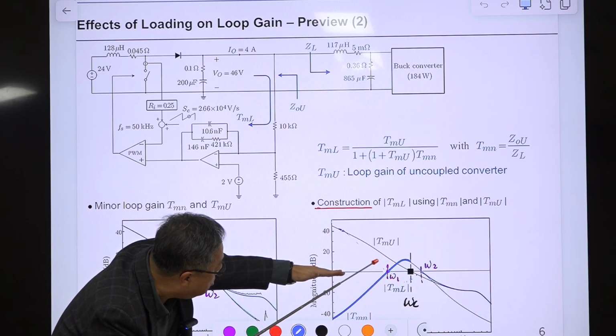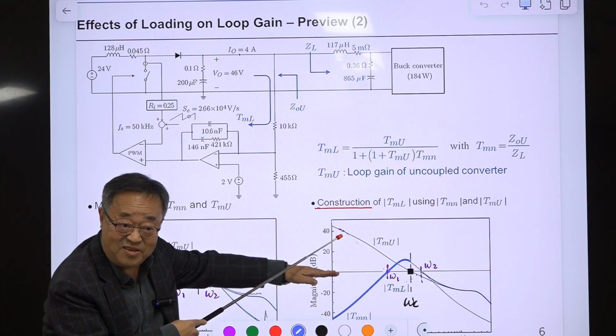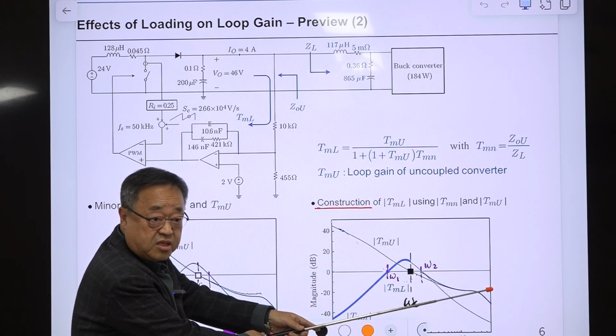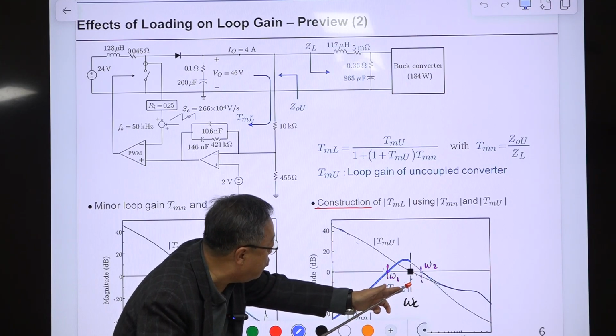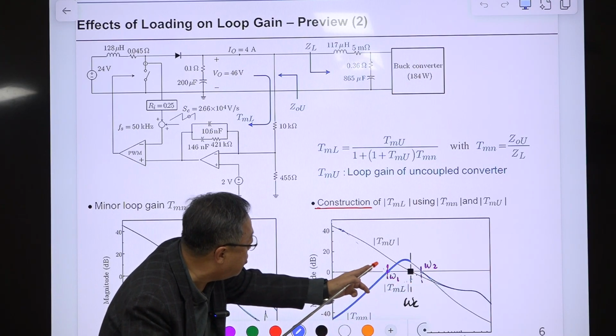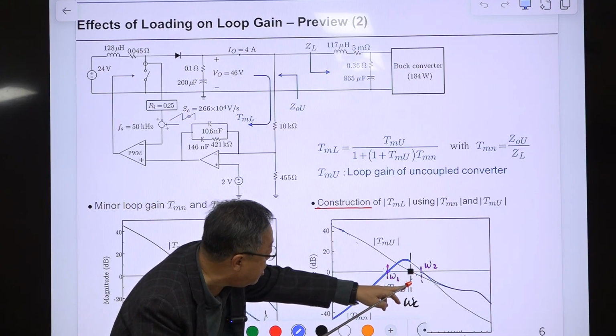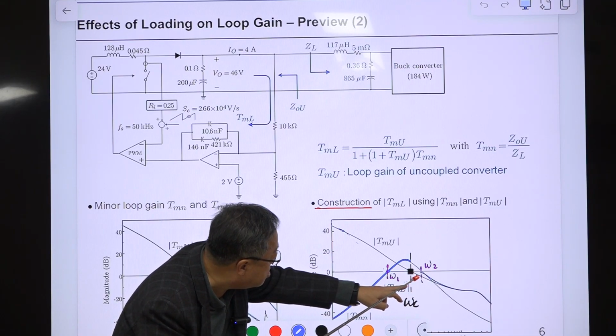So it goes like this, goes like this, right? So this is flipped over this real axis line. It starts from here and goes like this. After this omega C frequency, it follows this one, TMU, but there is some peaking here.